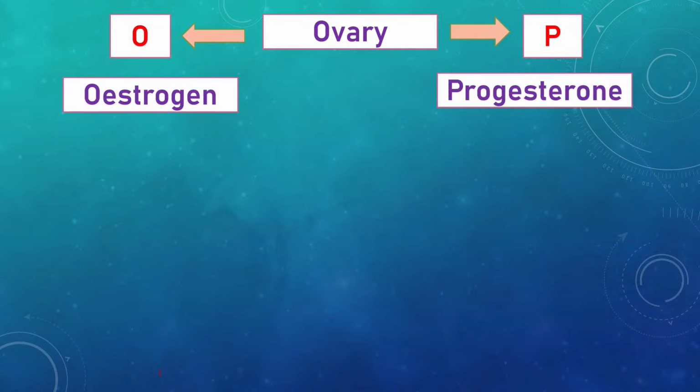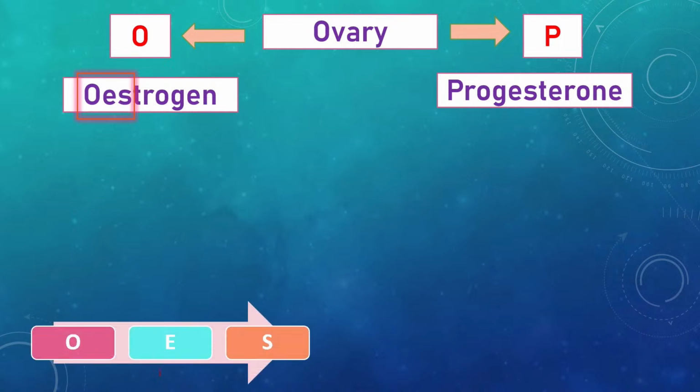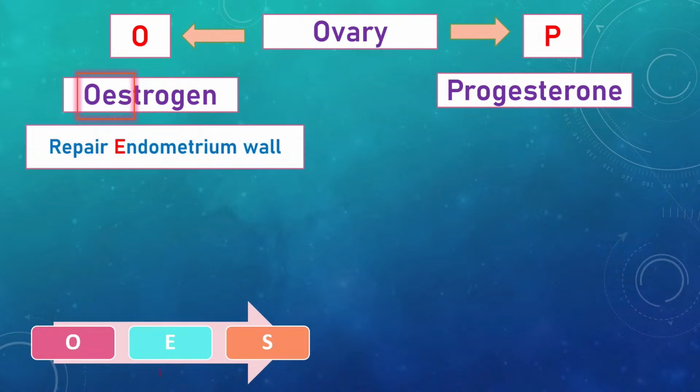To memorize the function, teacher is going to take 3 letters from the hormone's name itself. Like estrogen, teacher is going to take the OES from estrogen, the first 3 letters. Now this OES will help you to relate the hormone to its function. First O, repair. As teacher mentioned, repair, rebuild from zero, right?